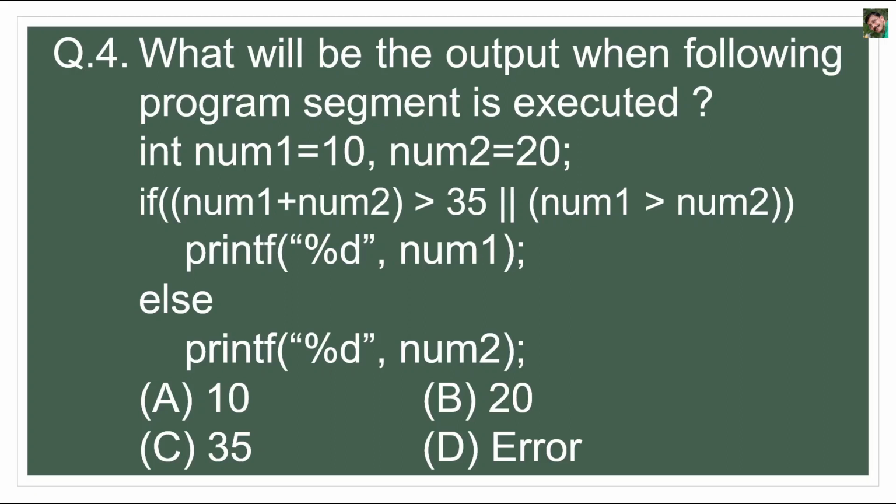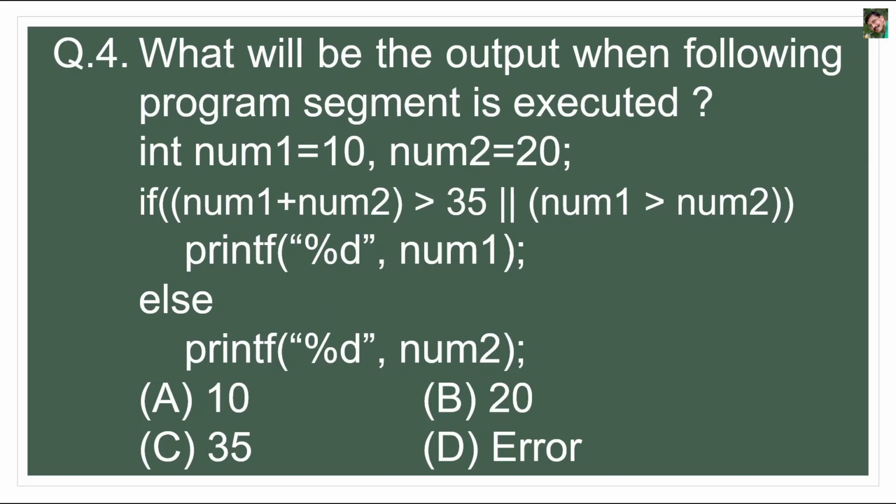So the addition of those two variables, if it is greater than 35, or now OR is indicated by two vertical lines, that is logical OR. Logical OR is used to join two conditions, and the entire if will be true if any one of the conditions is true.